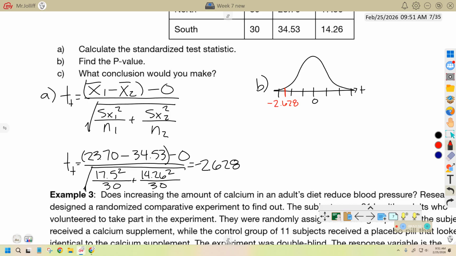Flip it to the other side. So I should have another tail over here at positive 2.628. And I'm going to shade both tails. And I know that those two tails together are going to form my p-value. And then I'm just going to copy what my p-value is from the problem. And my calculator is spitting out 0.011.